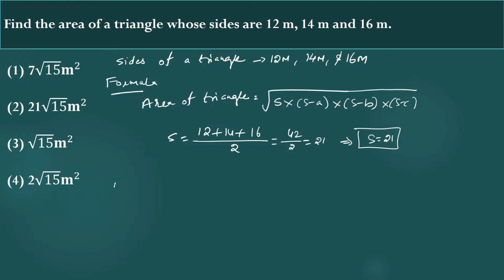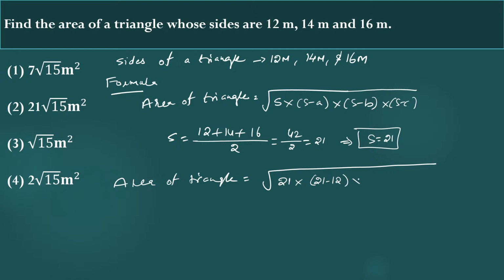So area of triangle is equal to root of s into s minus a into s minus b into s minus c, that is 21 into 21 minus 12 into 21 minus 14 into 21 minus 16.